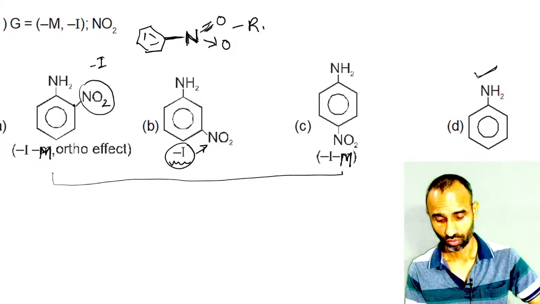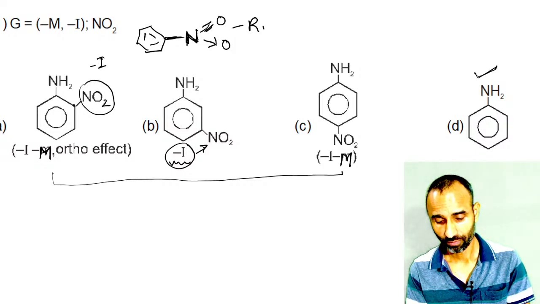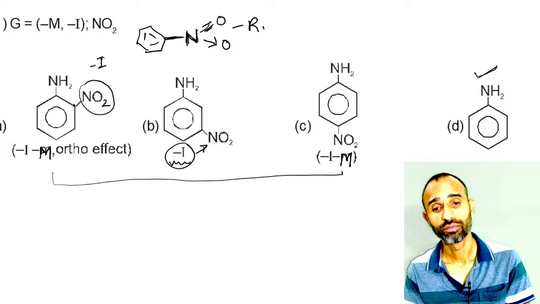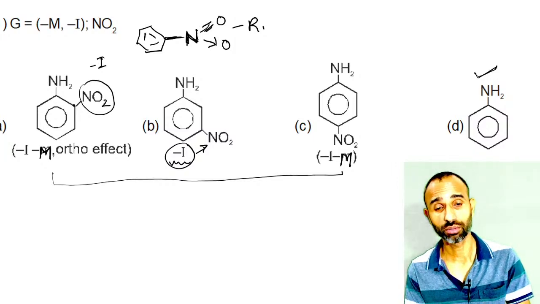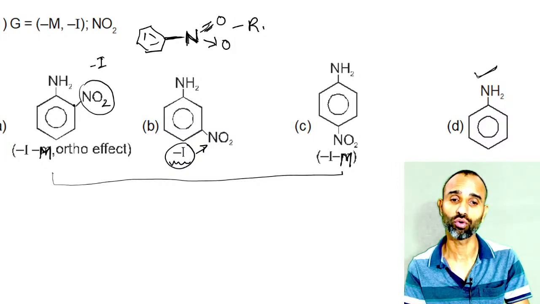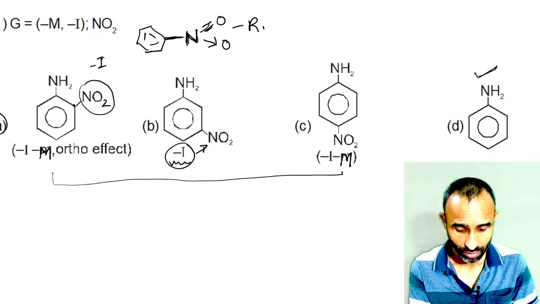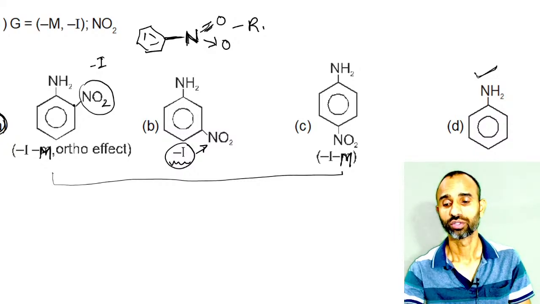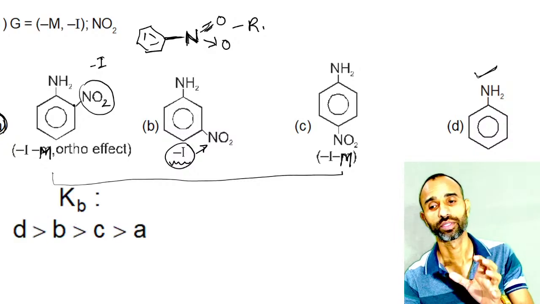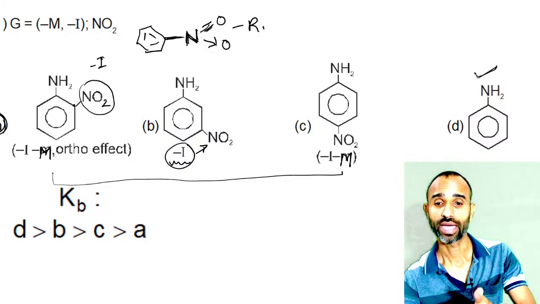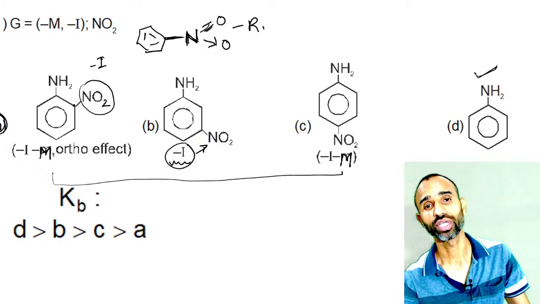But the electron withdrawing effect is least in B, and the withdrawing effect is maximum in D, and in addition to that, due to ortho effect, A is least basic. So what is the order? D should be most basic, then B, then C, and at the end A due to ortho effect.